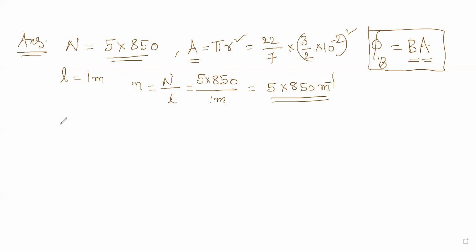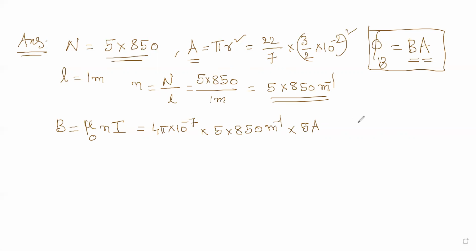Now the magnetic field of the solenoid B happens to be mu naught N i. So the mu naught value is 4 pi into 10 to the power of minus 7, and the N value is 5 into 850 meter inverse, and then the I value happens to be, what's the value of I? That's 5 amps.